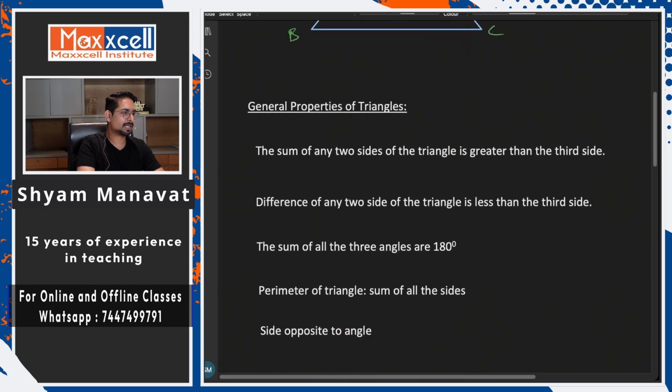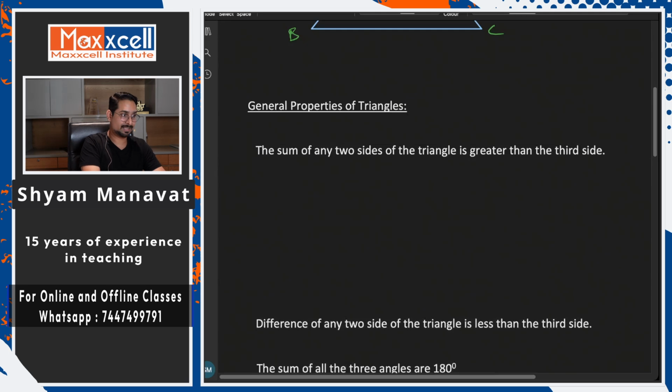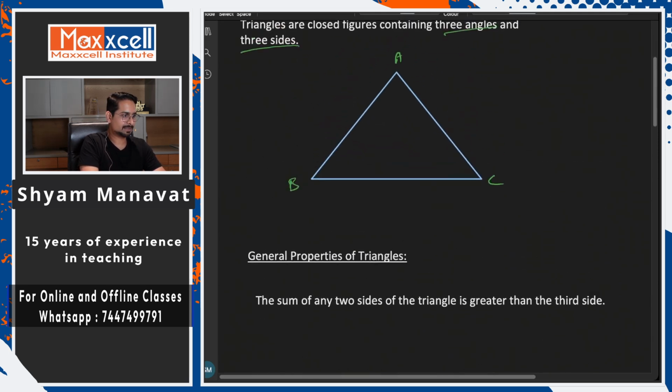General properties of a triangle. Here we say the sum of any two sides is greater than the third side. Remember, it's a very important property. Sum of any two sides. Let's name these sides small a, small b, small c. There's a way of naming the sides. Say here you have vertex capital A. So the side opposite capital A we take as small a.